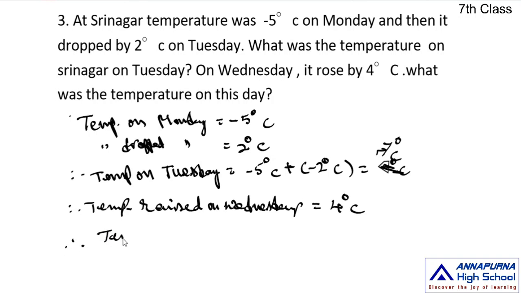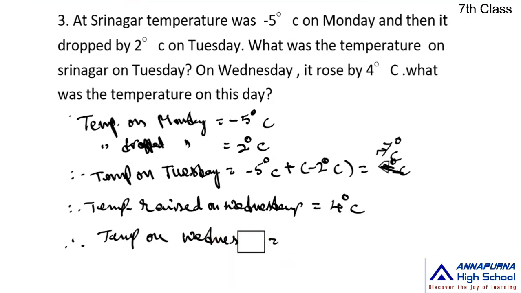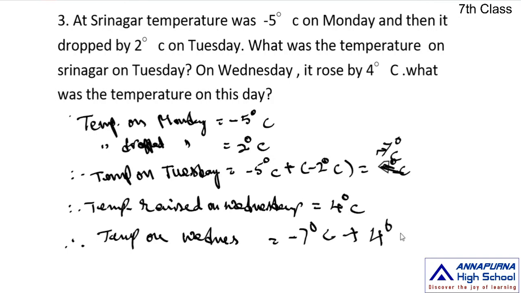Therefore, the temperature on Wednesday is equal to minus 7 degrees centigrade plus 4 degrees centigrade, which is an addition.